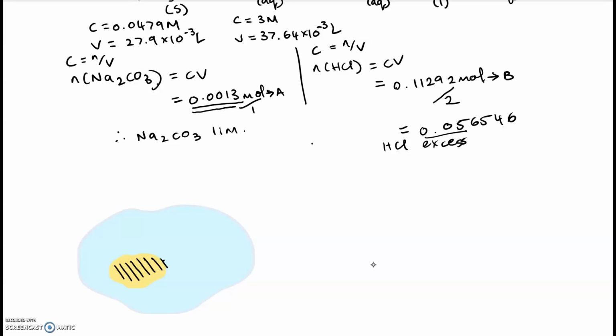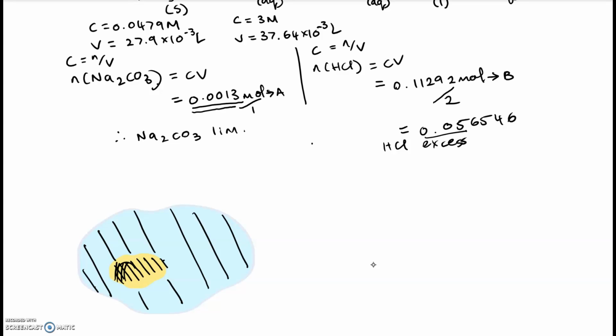Now, if this section here is all excess reagent, and the section in blue, or the section I'm going to circle now, is the reacted portion of that excess reagent, we'll label that reacted.